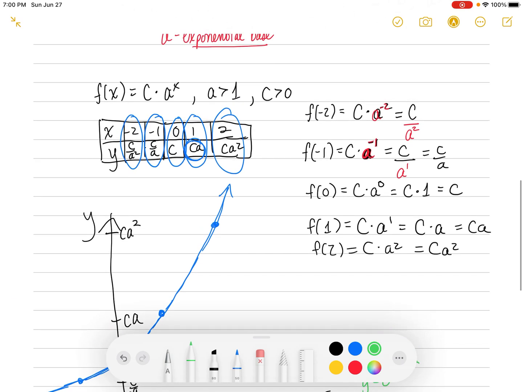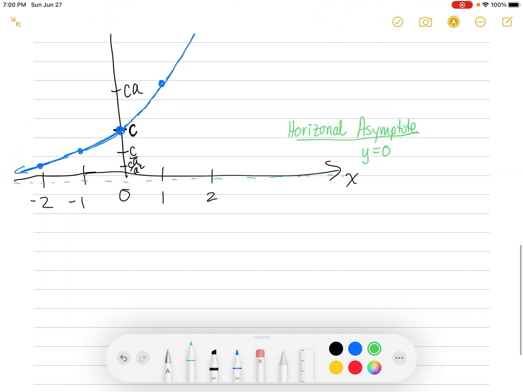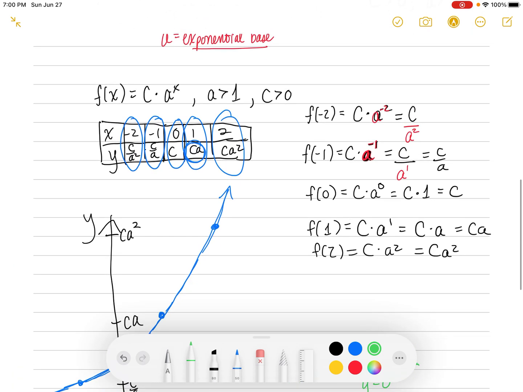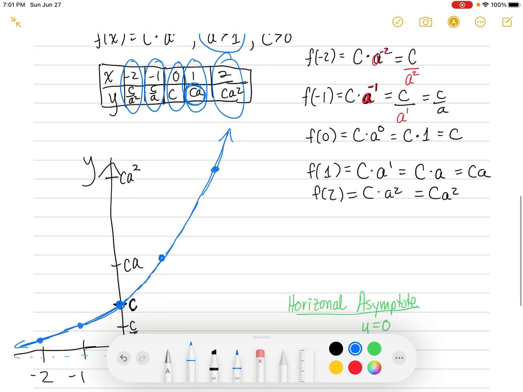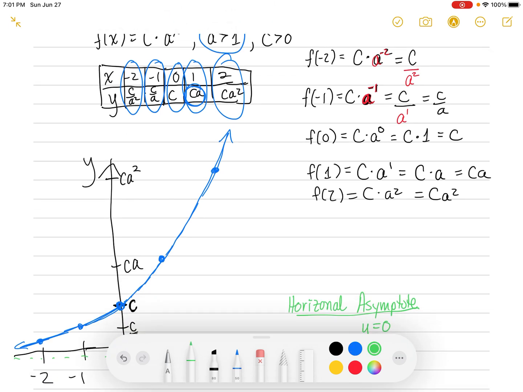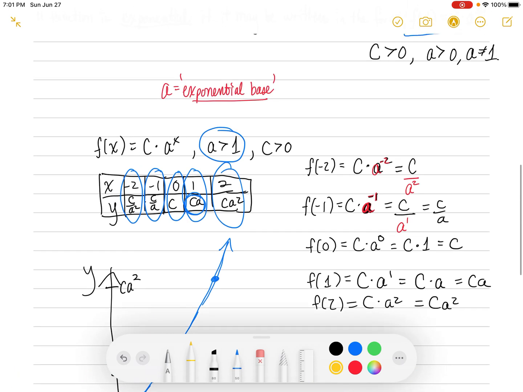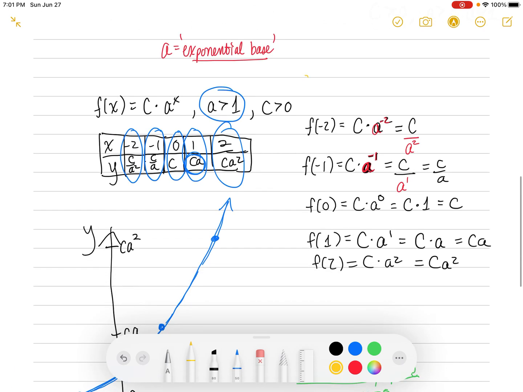On the left, as you go to the left, the graph of your exponential function is going to get closer and closer to that horizontal asymptote on the left tail, but it's never going to reach. And that's what your graph would look like if a were greater than 1.